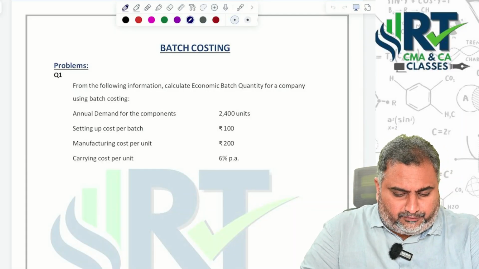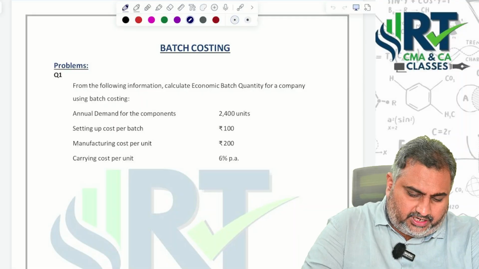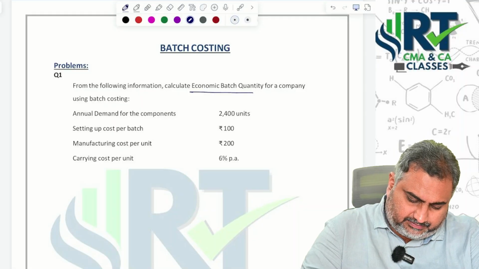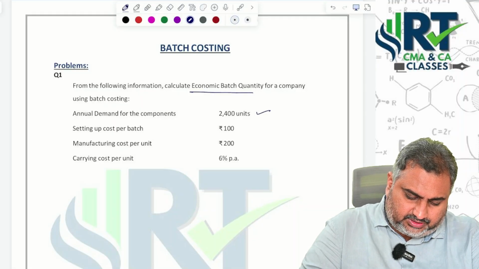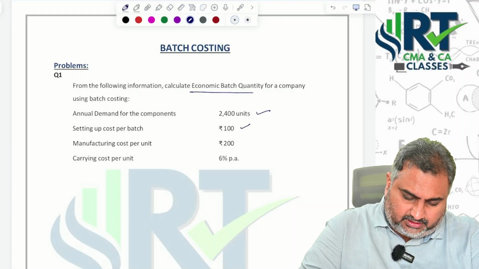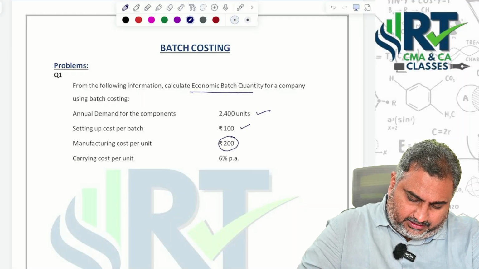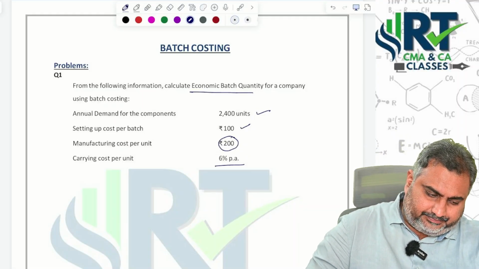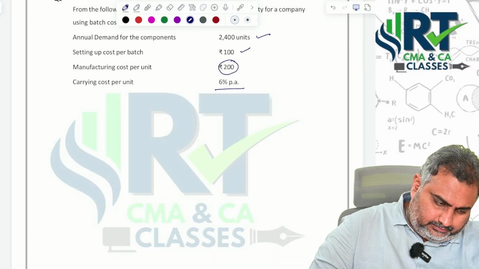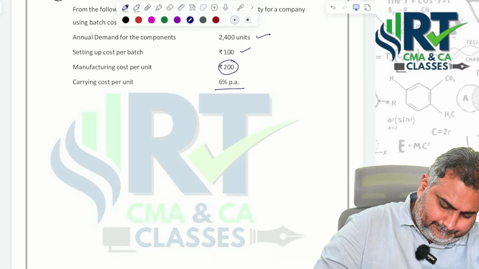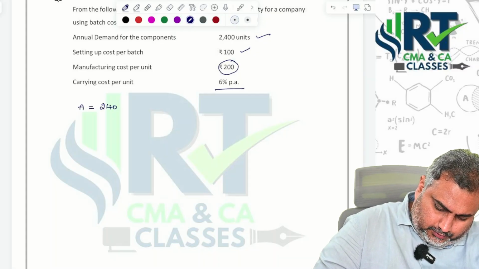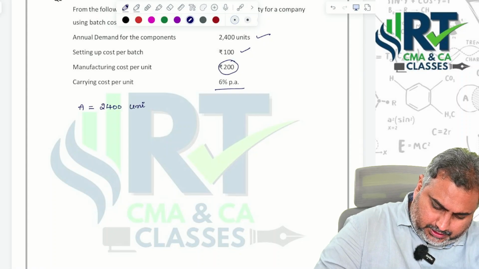See, Nana, from the following information, calculate economic batch quantity for a company using batch costing. Annual demand given, setting up cost per batch given, cost per unit provided, carrying cost given 6% per annum. So now see, annual demand equal to 2400 units.